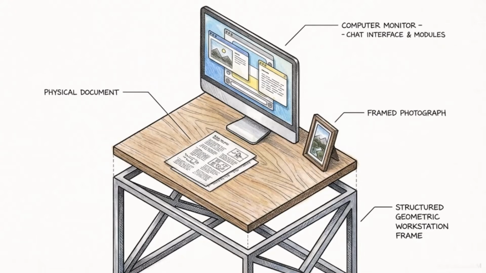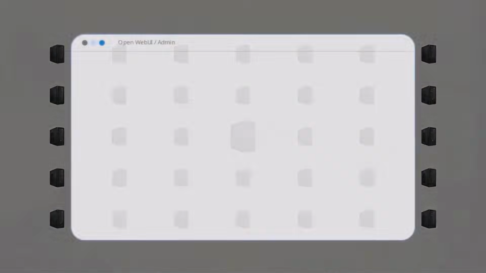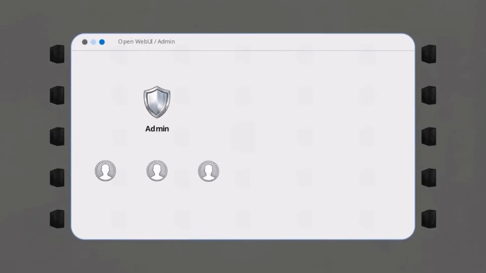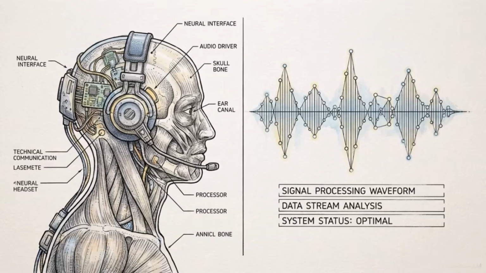This setup allows a simple text generator to function as a multimodal workspace that handles documents and images while maintaining absolute data sovereignty. That uncompromising privacy scales easily from a solo hobbyist desktop to a business environment. Administrators use role-based access control to manage specific user groups, set granular permissions, and monitor the exact token usage across a team. Teams can interact with the models using hands-free voice and video calls, utilizing integrated text-to-speech and speech-to-text tools.